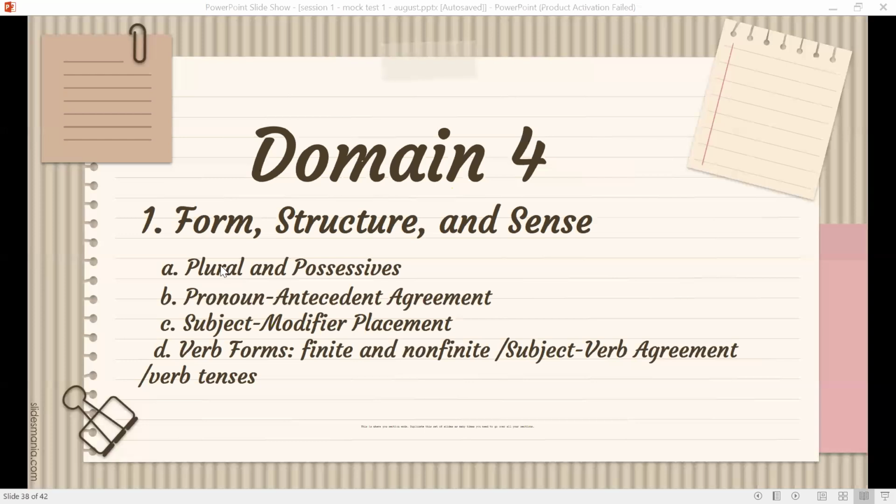As you can see, plural and possessives, pronoun antecedent agreement, subject modifier placement, and verb forms, which has finite and non-finite, subject verb agreement, and verb tenses. All of these titles are very familiar to you, because they are related to the grammatical rules you have been studying throughout your years of education at school, right? Yes.